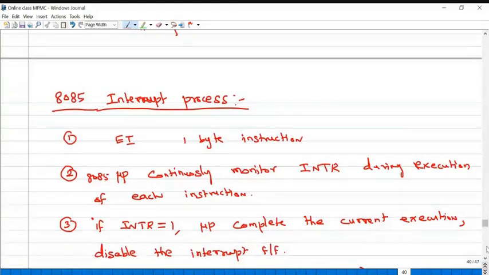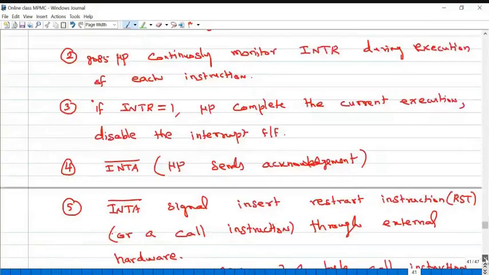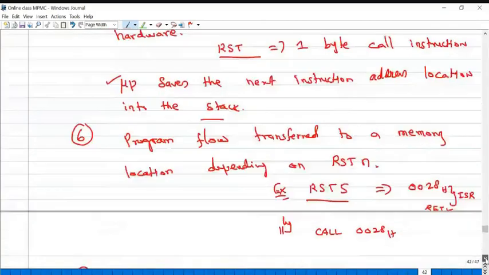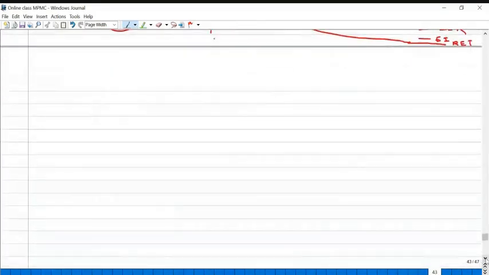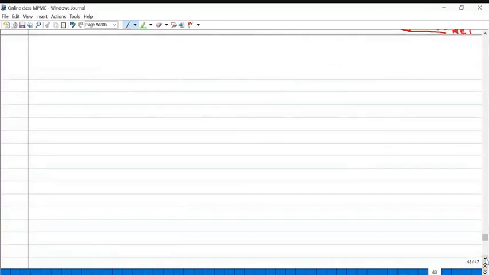Interrupt handling mechanism in the 8085 microprocessor. Next, this restart instruction.